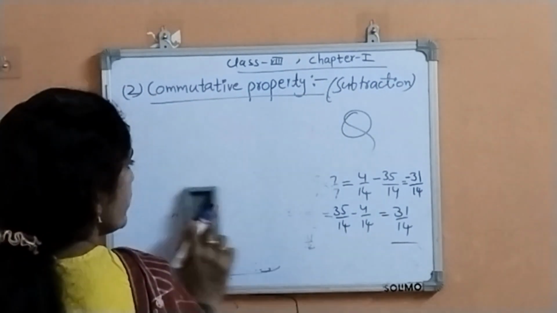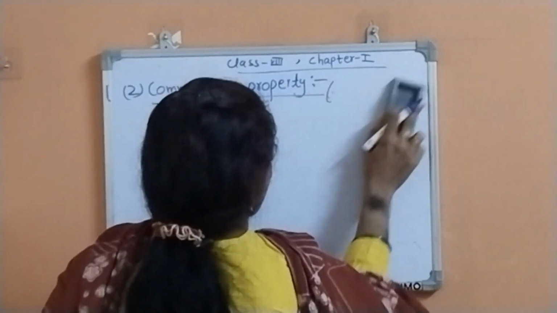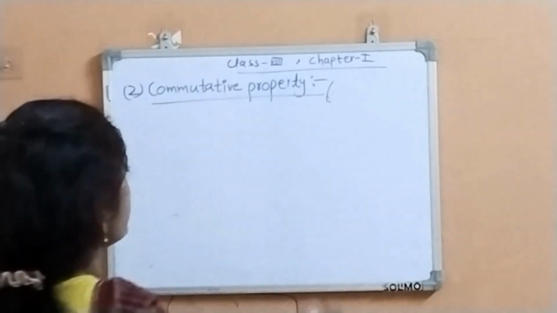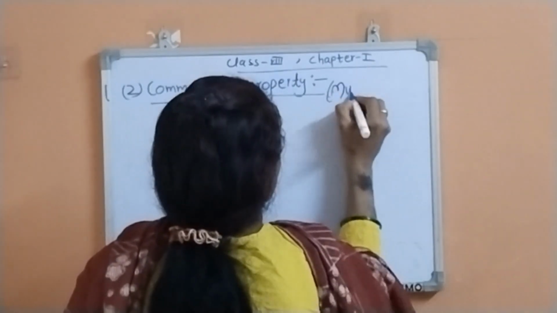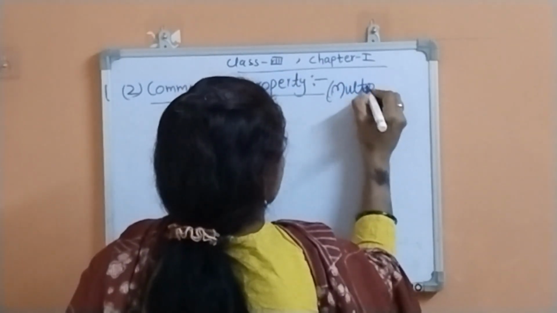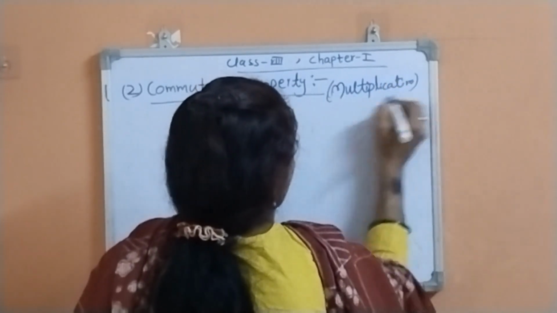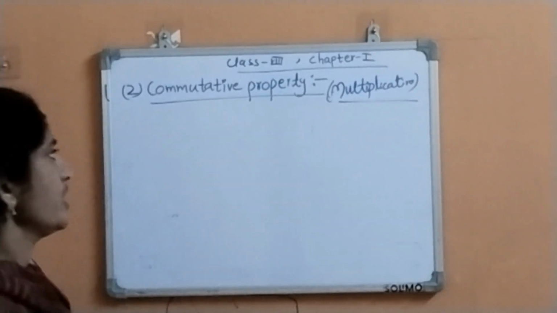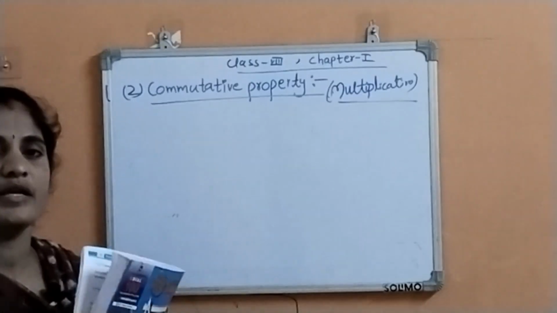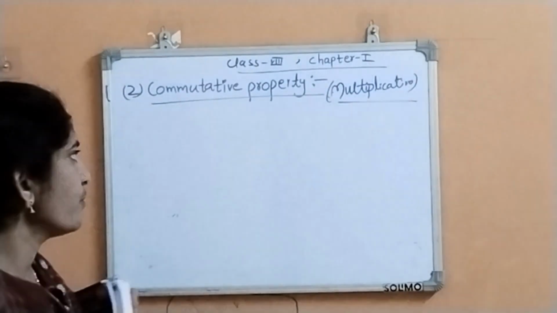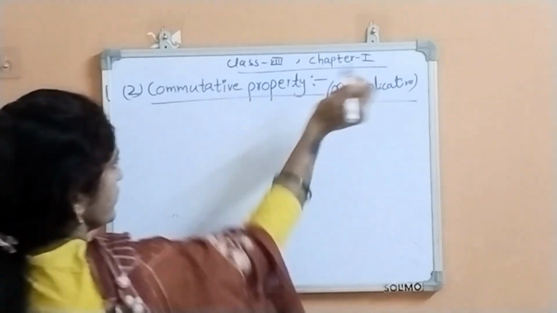So now we are going to check under multiplication. Commutative property under multiplication in the rational number system we are going to check.